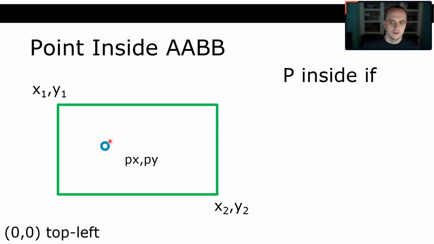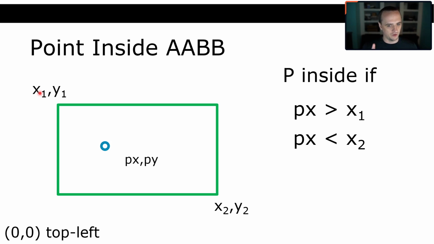So point P, which is Px, Py, is going to be inside the rectangle if the first condition is that the x value of the point, so if Px is greater than x1, but also Px has to be less than x2. So what that means is that Px is between x1, which is the left value of the rectangle, and x2, which is the right value of the rectangle.